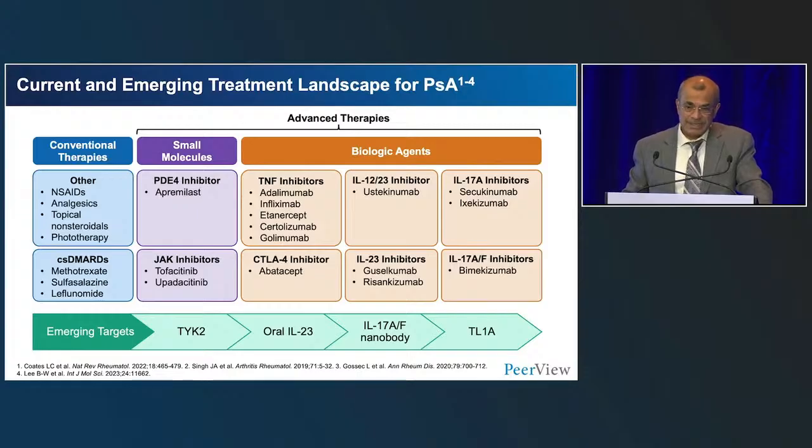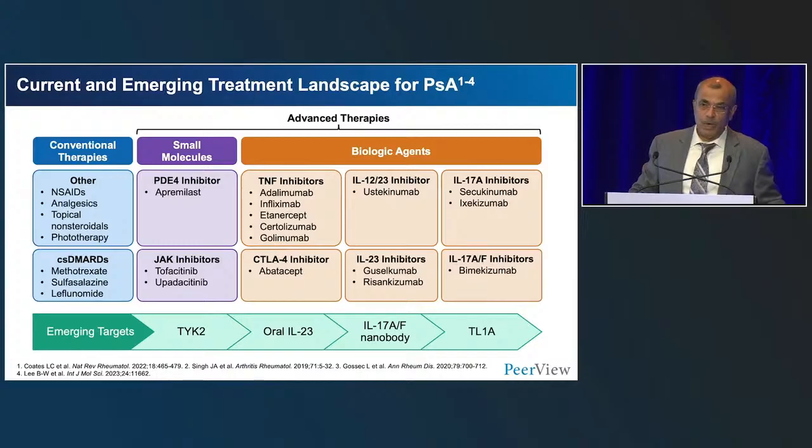TYK2 will be 16. This oral IL-23, there are presentations in this meeting, which will be 17, then of course the IL-17A and F nanobody. That's another one. And then this TL1A, this is TNF-like ligand 1A. So these are all emerging agents.